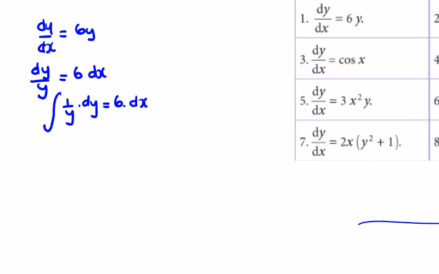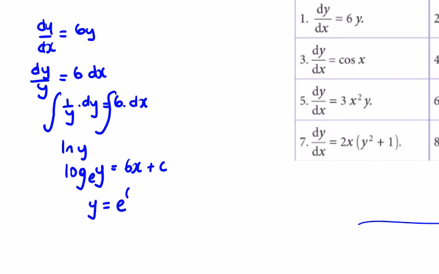Stick your integrals in. We're going to get the natural log of y, or log of y to the base e, which I think we use more in class, is equal to 6x plus c. So y is equal to e to the power of 6x plus c for number 1.